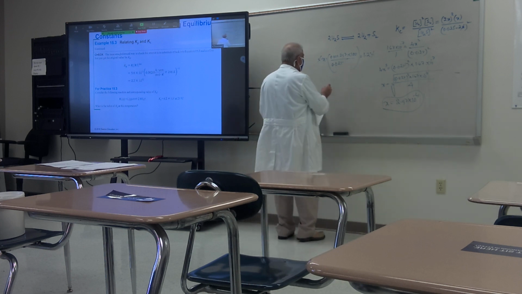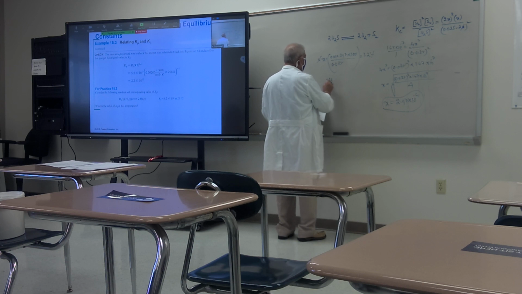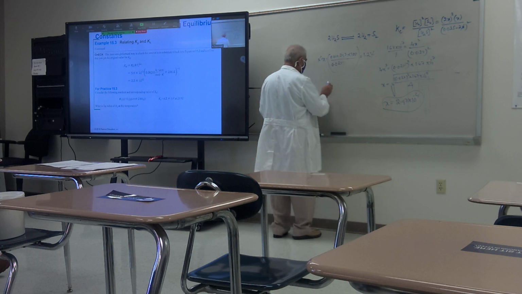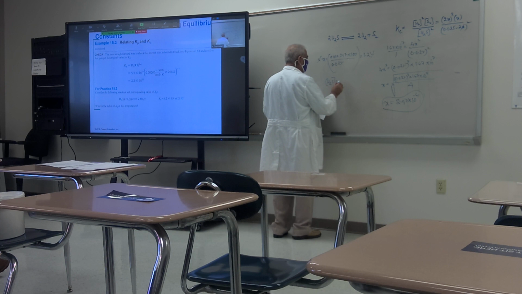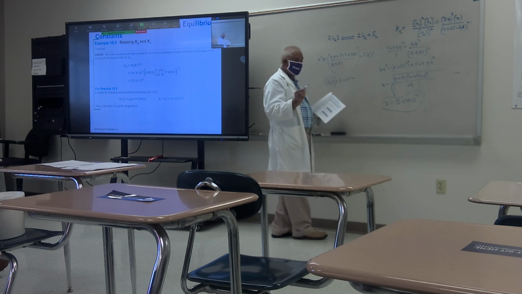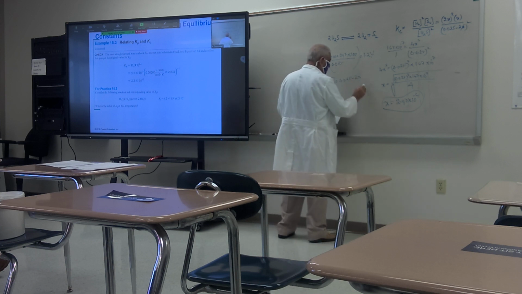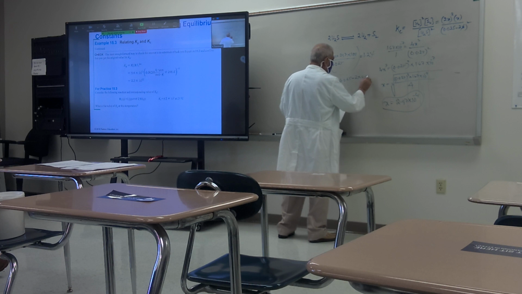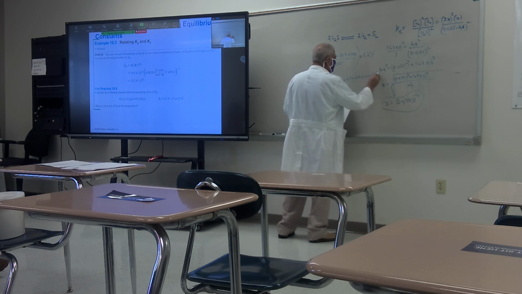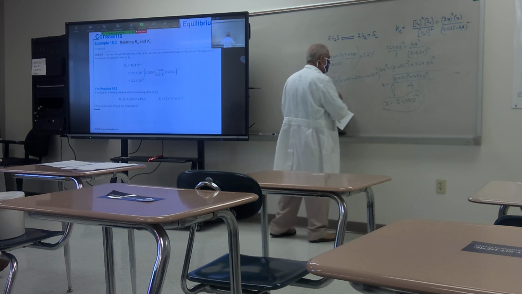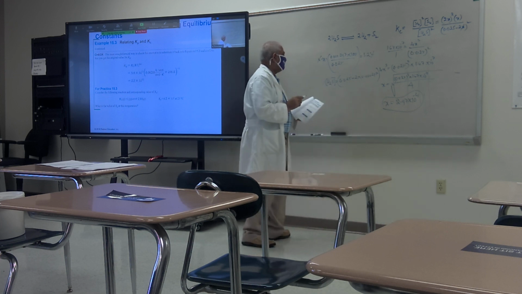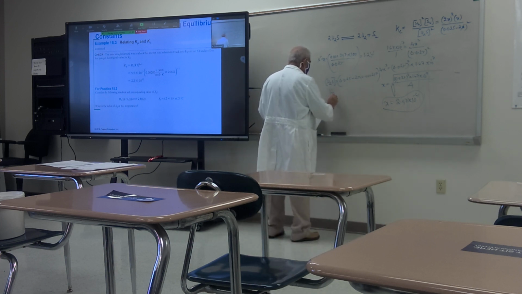What is the first table? Equilibrium concentration of H2S. What was that? 0.025 minus 2x, correct? Minus 2 times 0.000297. That is the equilibrium concentration of H2S. What is the equilibrium concentration of H2?